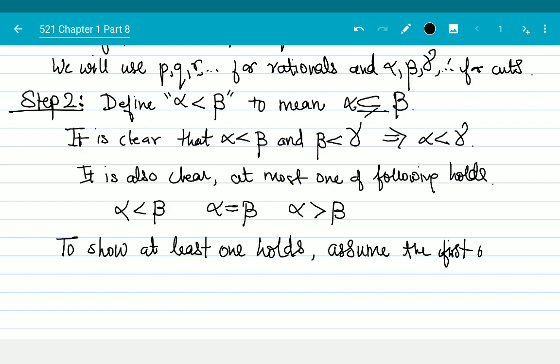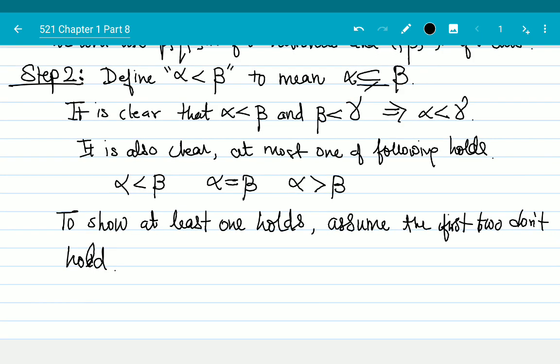If the first two don't hold, then alpha is not a subset of beta, right?